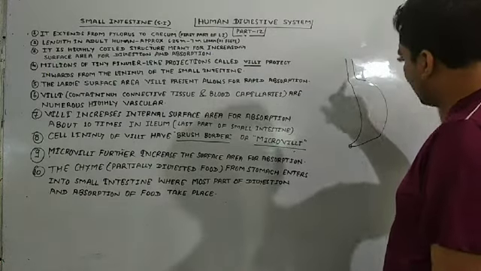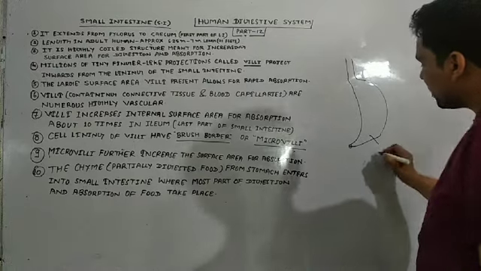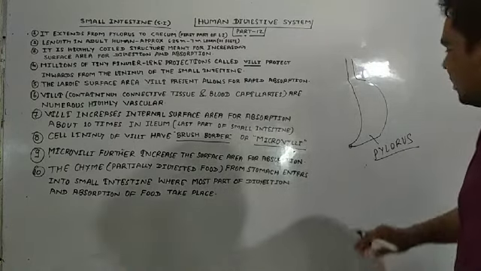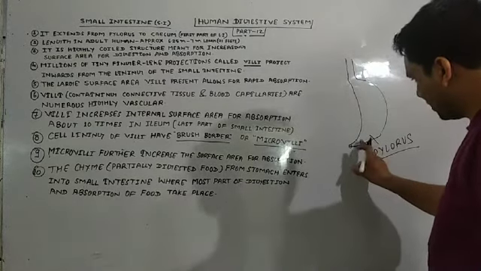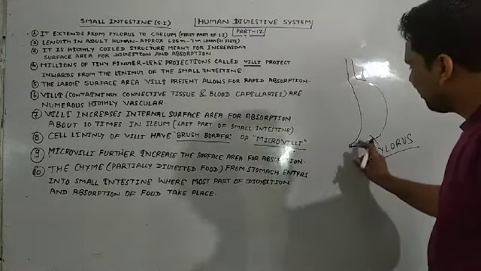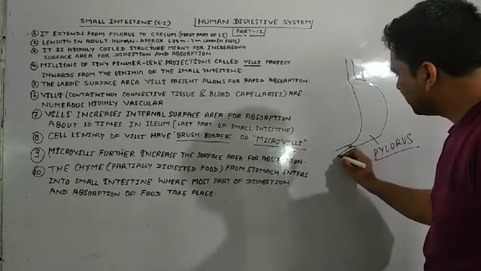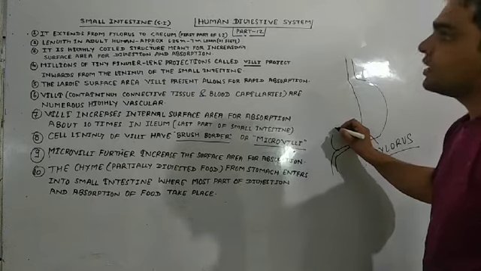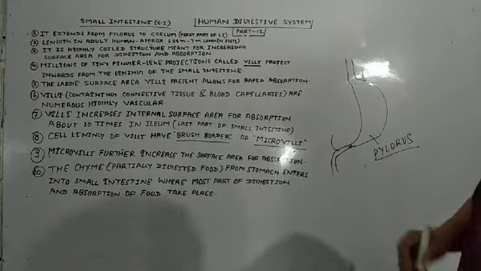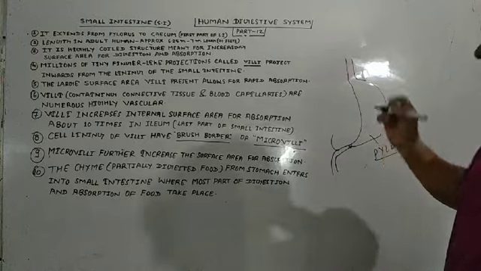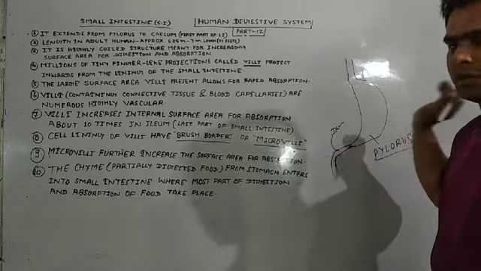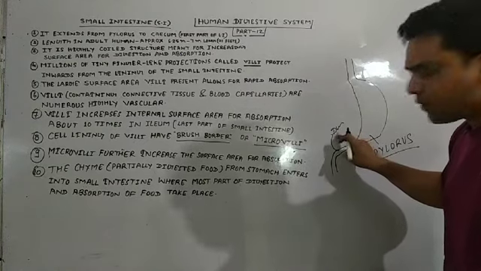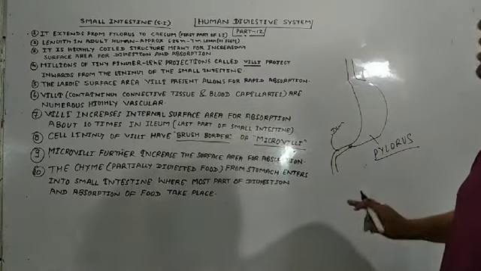The last part of the stomach is known as the pylorus. And this pylorus opens into the first part of the small intestine, that is known as the duodenum.